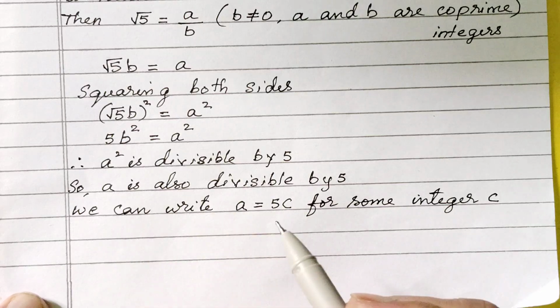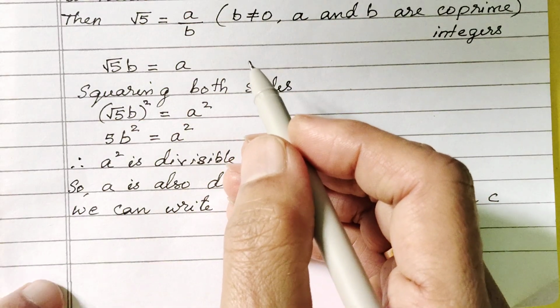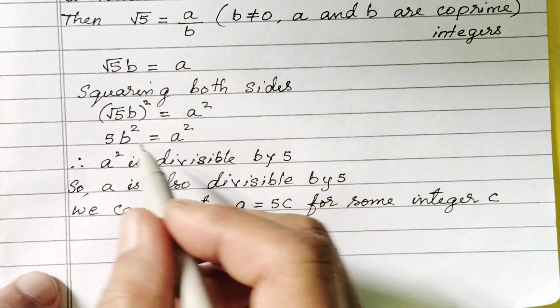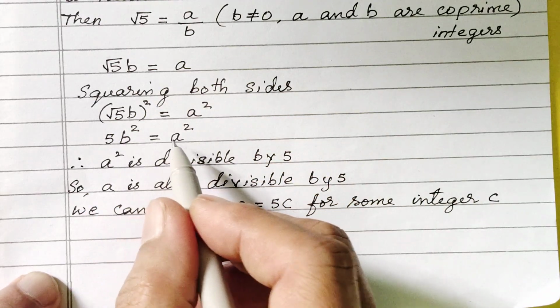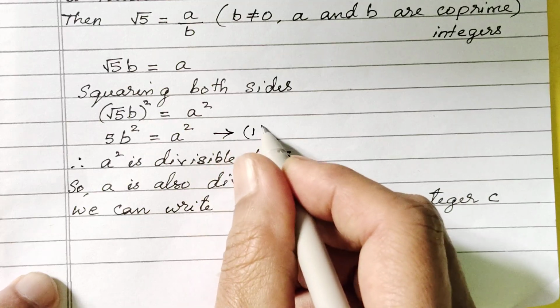So now we will label this equation as 1. Which one? 5 b square is equal to a square. We will label this as 1. Okay.